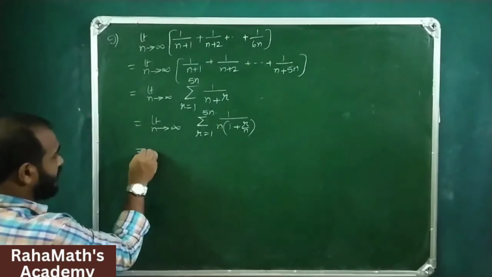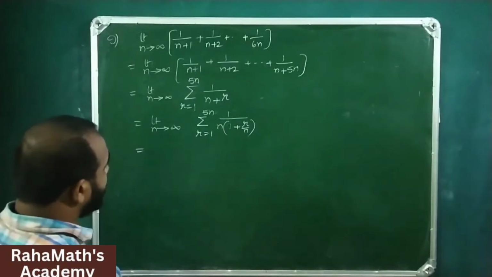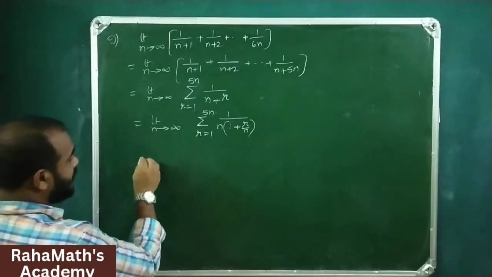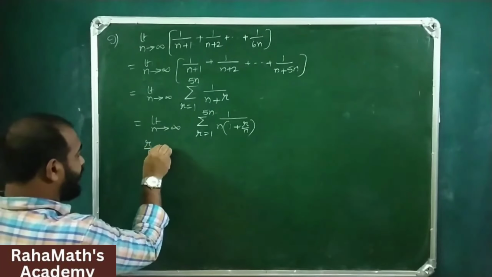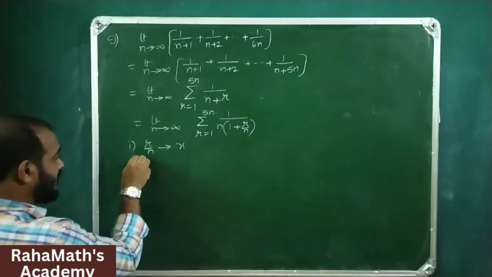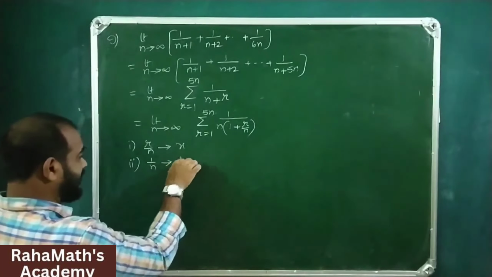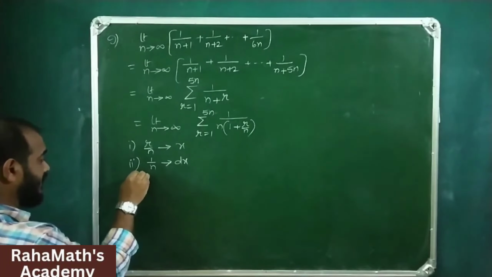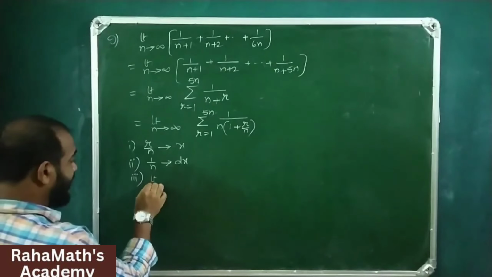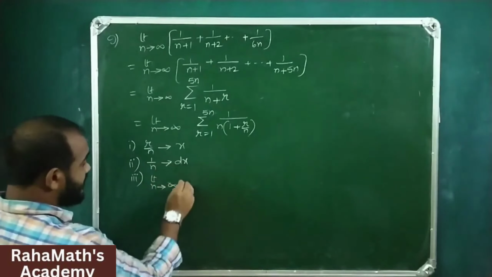So for this, the next step of this is limit n tends to infinity. Here, the first step is r by n is to be replaced with x. Second, 1 by n is replaced with dx. Third one is limit n tends to infinity sigma.